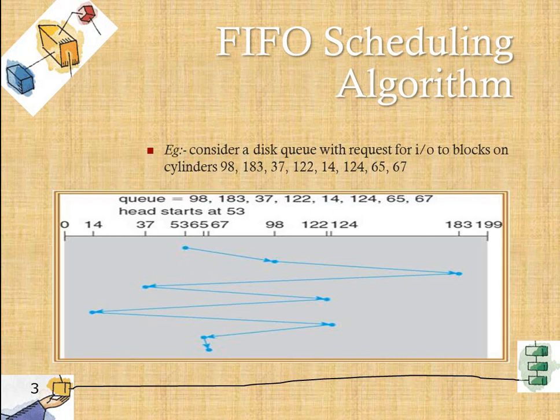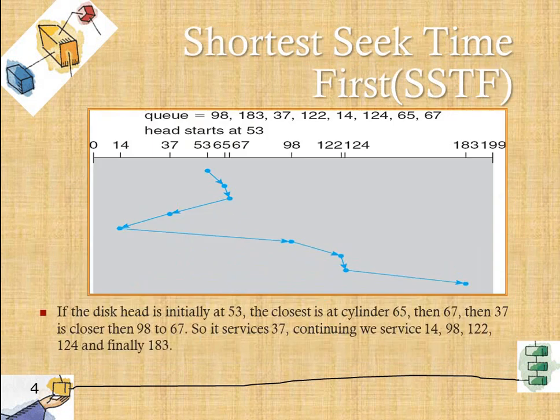Now, since we have seen the first in, first out disk scheduling algorithm, let us go to the next algorithm, which is shortest seek time first.